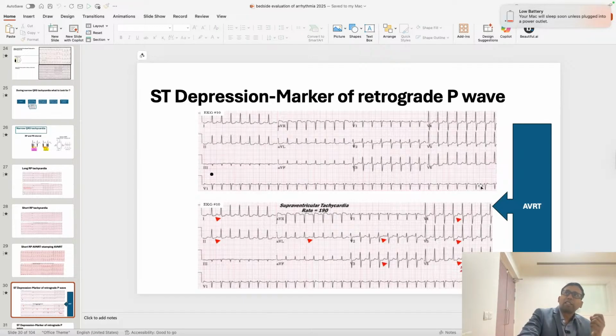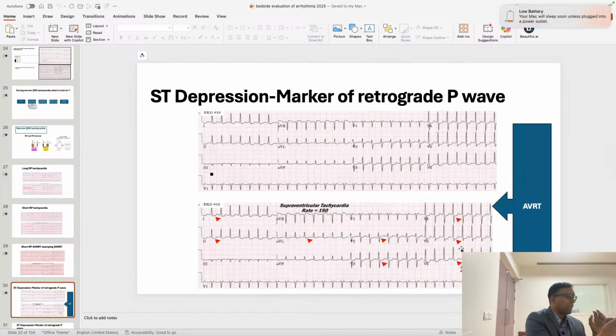Our intervention guys, whenever this happens, will give a call, saying, sir, the patient is having ST depression. So when the tachycardia is ongoing, these ST depressions are the mark of inverted P waves. And by seeing this ECG, I can say the patient is having a left lateral pathway, because ST depression is happening in V4 to V6.